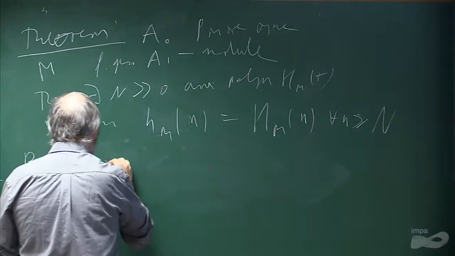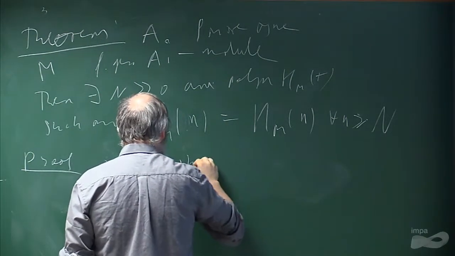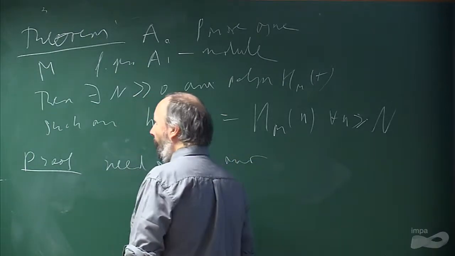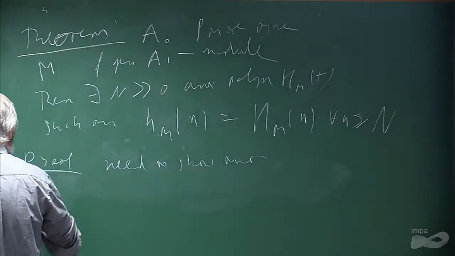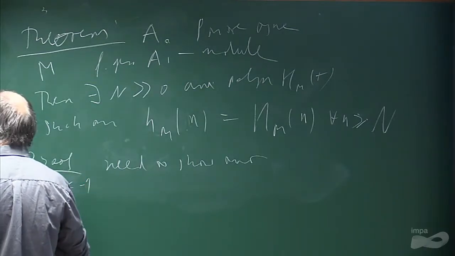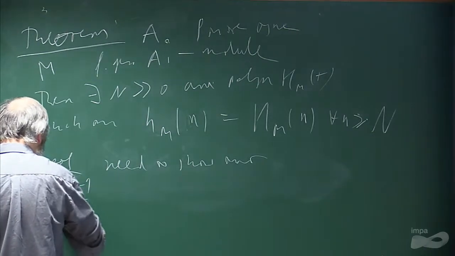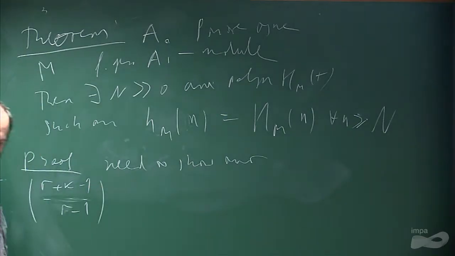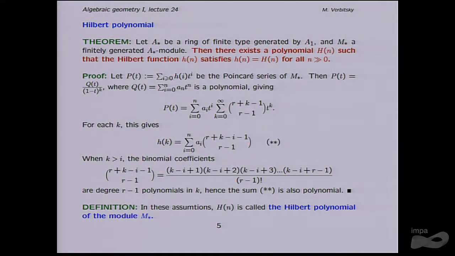So we need to show that the binomial coefficient (r + k - 1 choose r - 1) is a polynomial in k. This is clear.